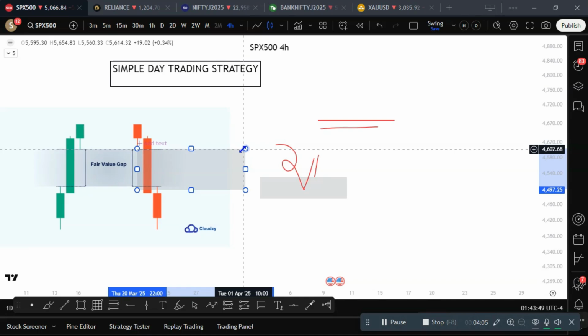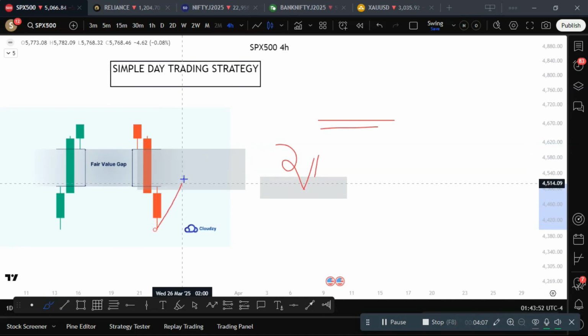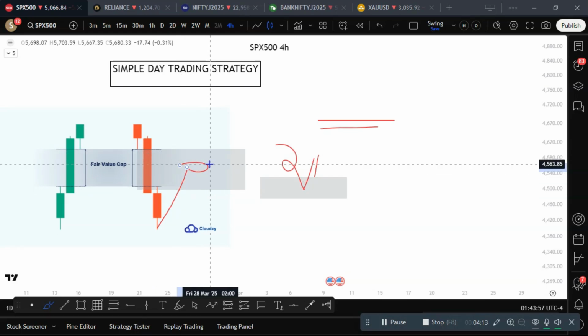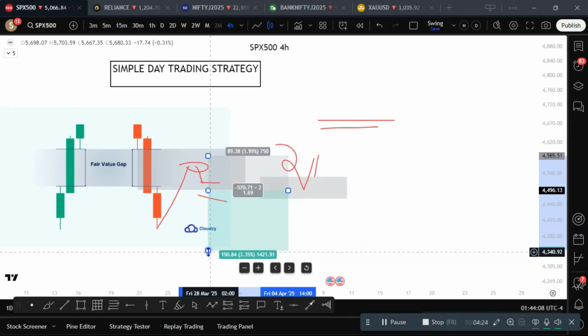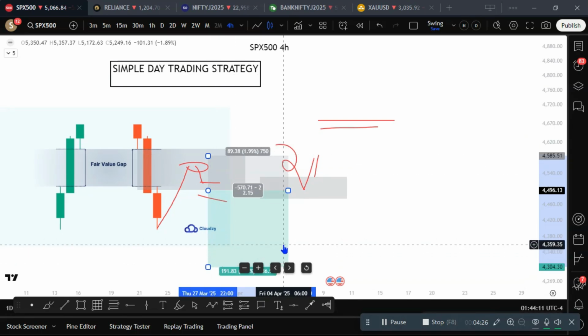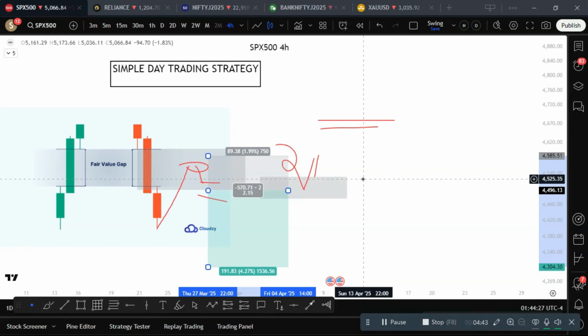Alright, we marked our FVG, then price came to our FVG, aka fair value gap imbalance, then we drop down to the lower time frame 15 minute, and then we will wait for a fair value gap again, and then we will set our limit entry, target 1:2, and boom, good to go. Alright guys, so I hope the theory is now clear. Now let me show you some examples on the chart, so you will get complete clarity, and then you will thank me later.